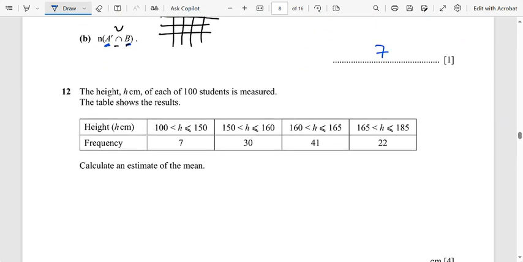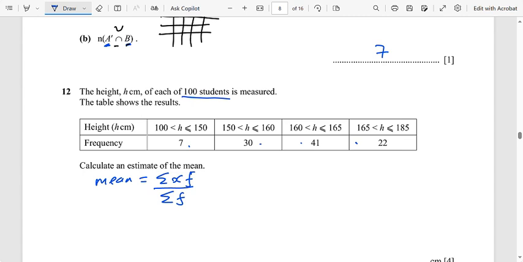Question number 12 requires me to find the mean. We are told that altogether we have 100 students. The mean is equal to the summation of x multiplied by the frequency, over the summation of the frequency, where x is the midpoint and the frequency is the total frequency when we add all the frequencies that we have.